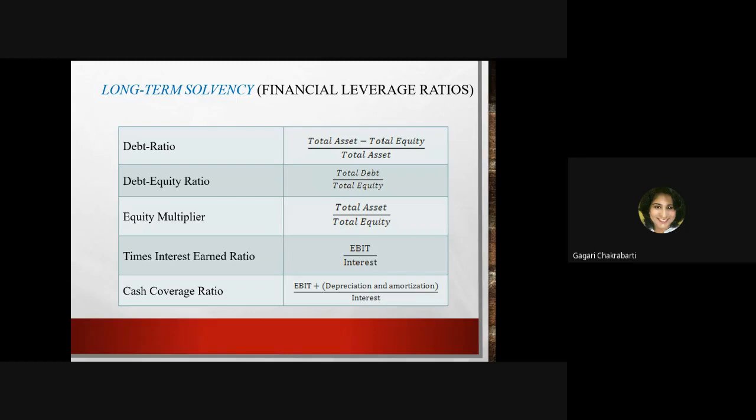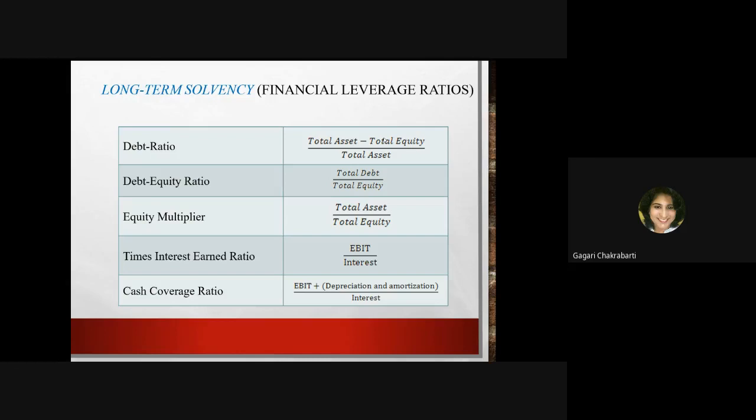Suppose there are two firms from two completely different sectors. One by nature will be having relatively lesser fixed asset. By nature, it cannot have a large amount of fixed asset, but the current assets are the same. But compare it with the old economy, say a heavy manufacturing firm, which will by nature have higher fixed asset. So the total asset for the heavy manufacturing firm will be much greater than this particular firm.